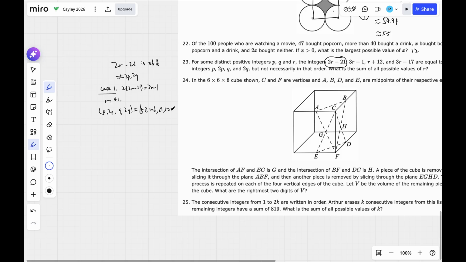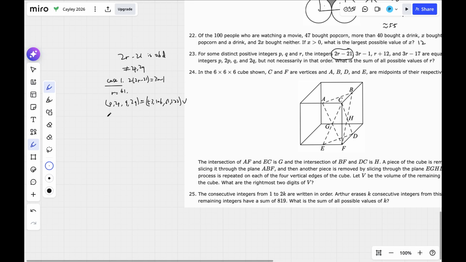We have 53, 106, 61, and 122. And so this works.